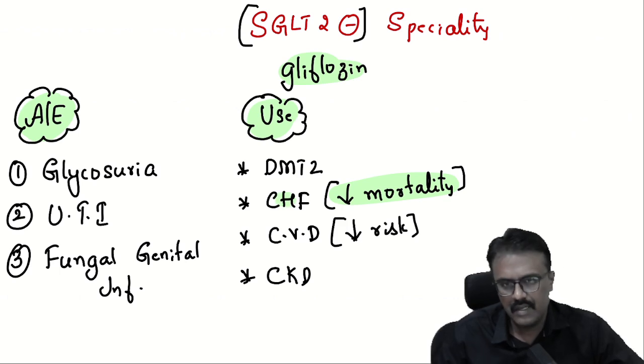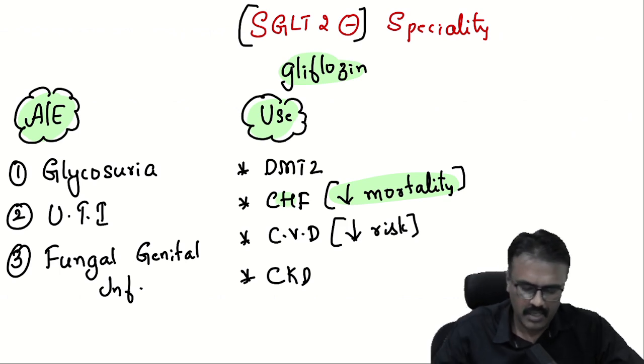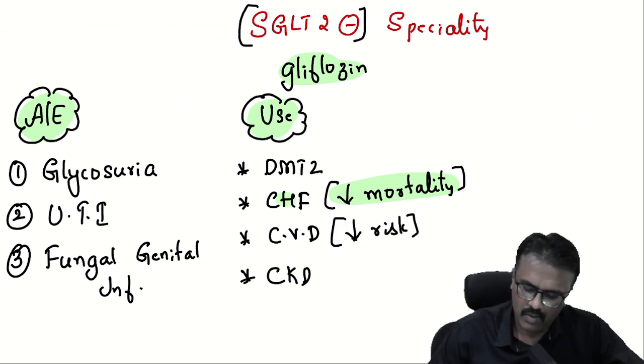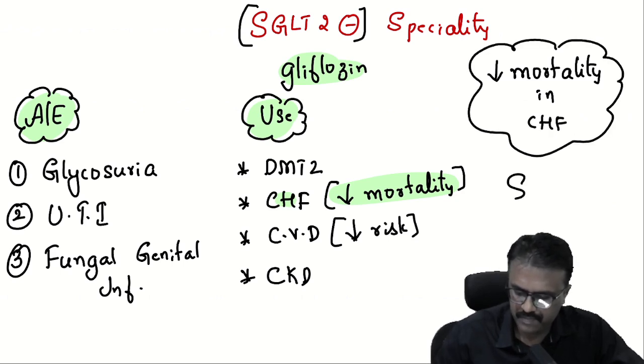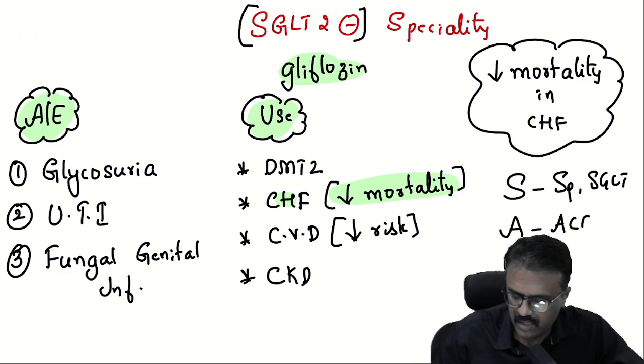Recently they asked which drugs decrease mortality in CHF. It is gliflozins. Now you have to tell me what drugs decrease mortality in CHF. I told you in the classes plenty of times. The mnemonic is SARB. Now what is SARB for? S for spironolactone, SGLT2 inhibitors, A for ACE inhibitor, ARB, and ARNI.